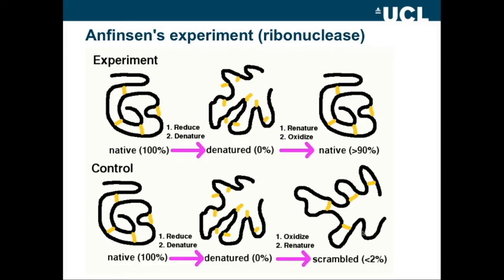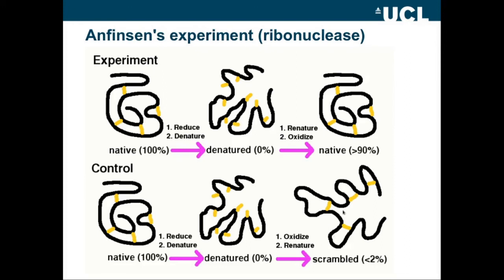And this recovered about 2% of activity. So the point of the control is to show that the protein really was being denatured. It wasn't a result of the presence of the reducing agent and the denaturant that stopped the activity.